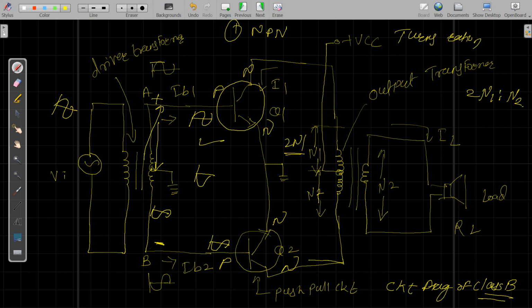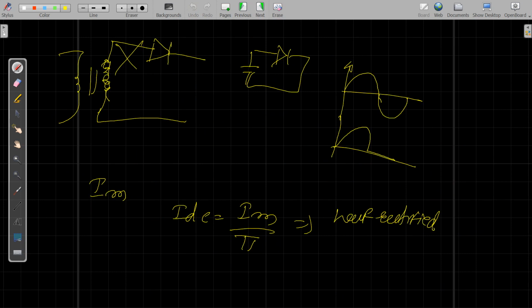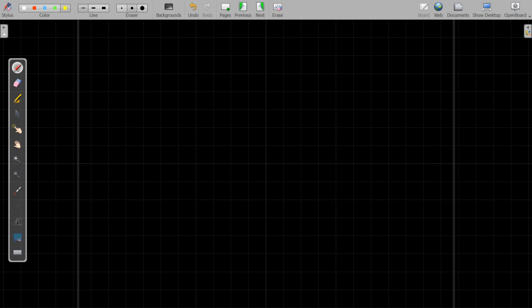While Q2 conducts, the upper half of the primary does not carry any current, hence again only N1 number of turns carry the current. Therefore the reflected impedance on your primary can be written as RL dash equals RL by N square.